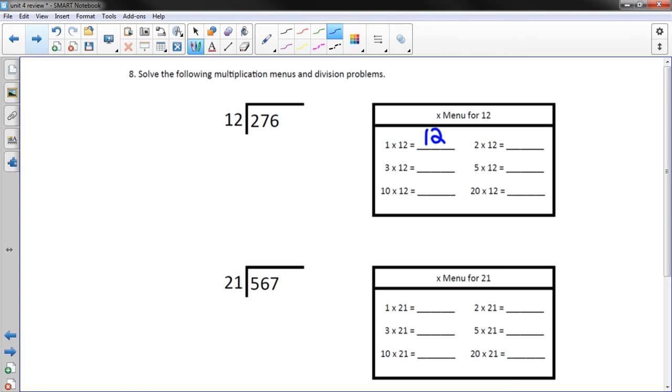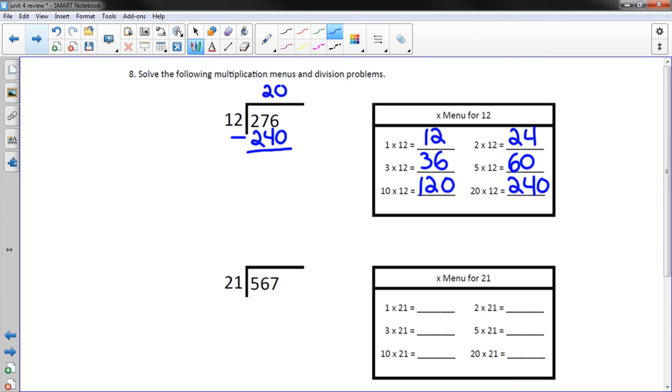So the first thing you're going to do is solve these problems. 60, 120, 240, and those will help me solve this problem here. And right away I can see 20 times 12 is a really good one to use. So I'm going to put 20 here and put 240.